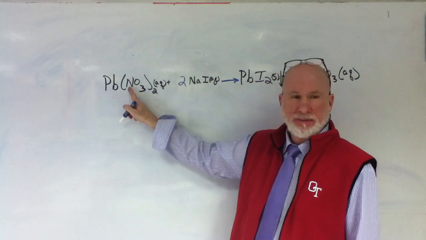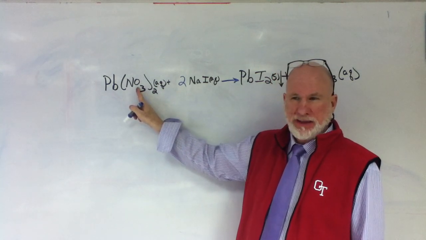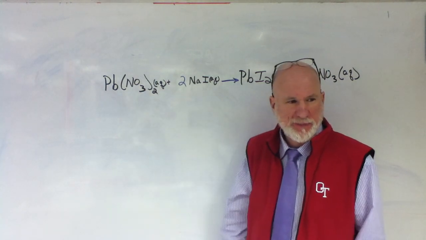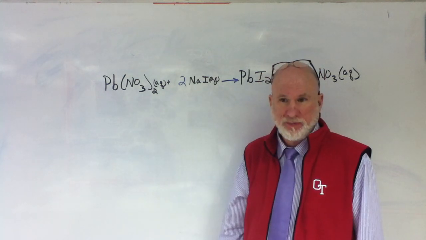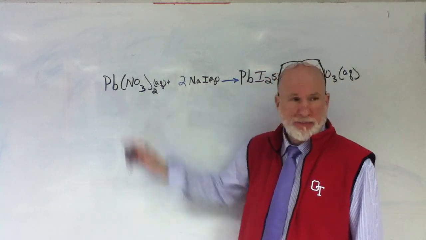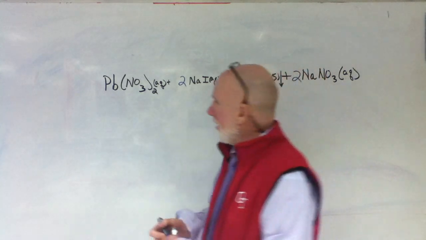So what's that? 14 plus 3 times 16, 48. What's 14 plus 48? 62 times 2. 124. So 124 plus 207. 331.